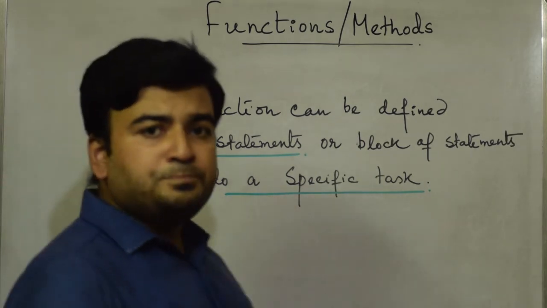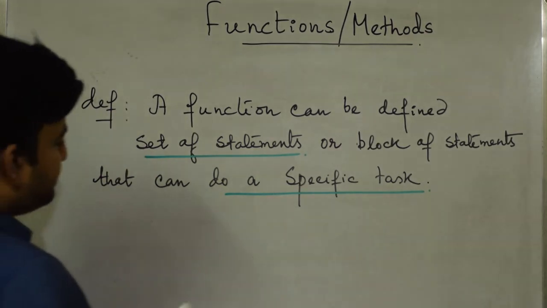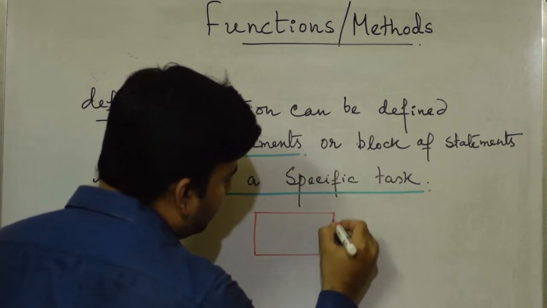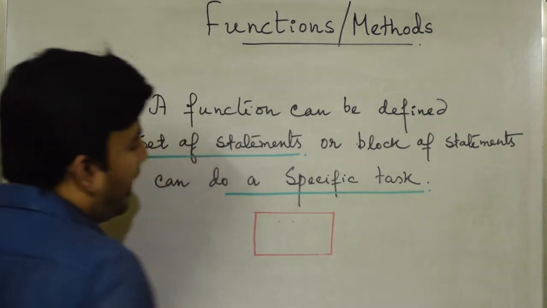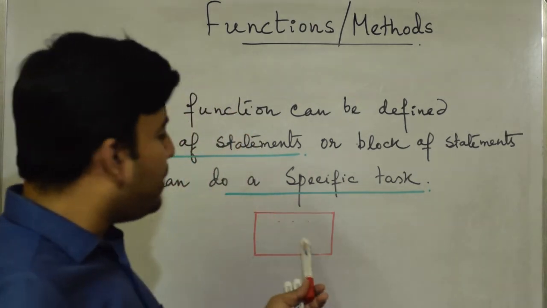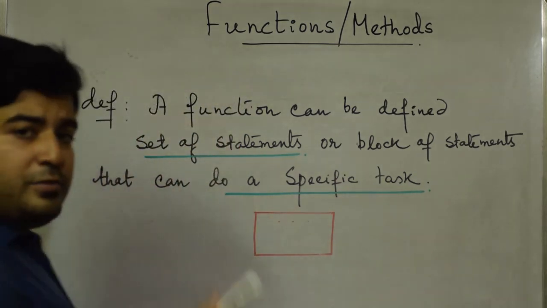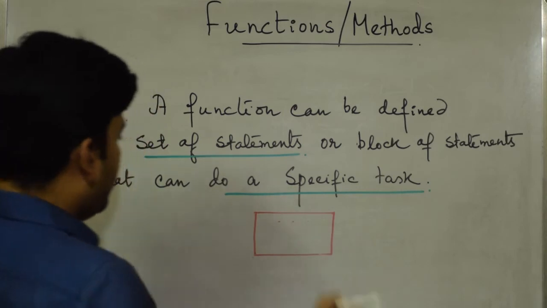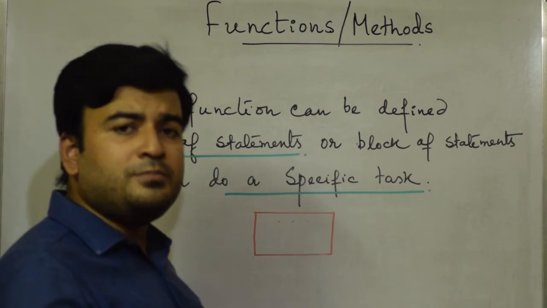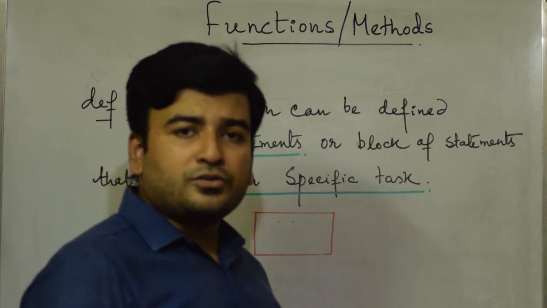Now we want to understand that definition. Suppose this is my block of statements. Some statements will be written over this block and it performs a specific task, though we don't know what type of task is performed. Okay. So if you remember the example of the juicer, if we want to make some juice of some fruits, the input is taken from the user, from us, right?